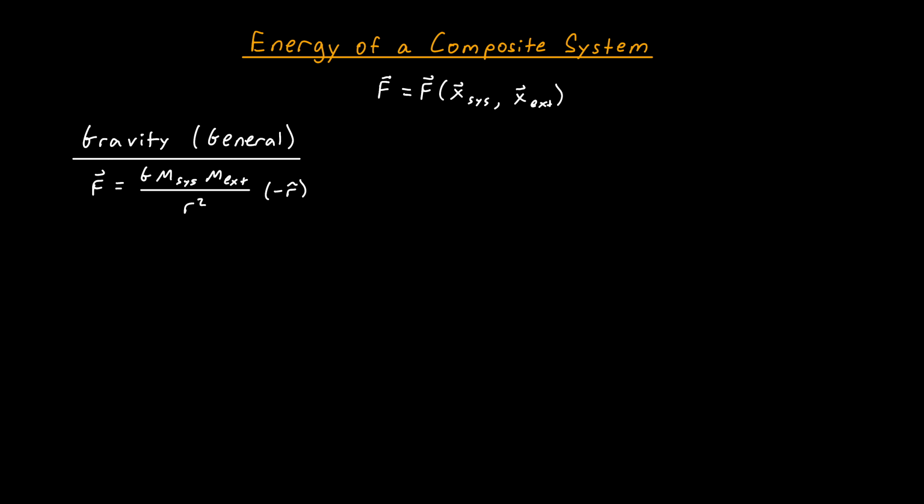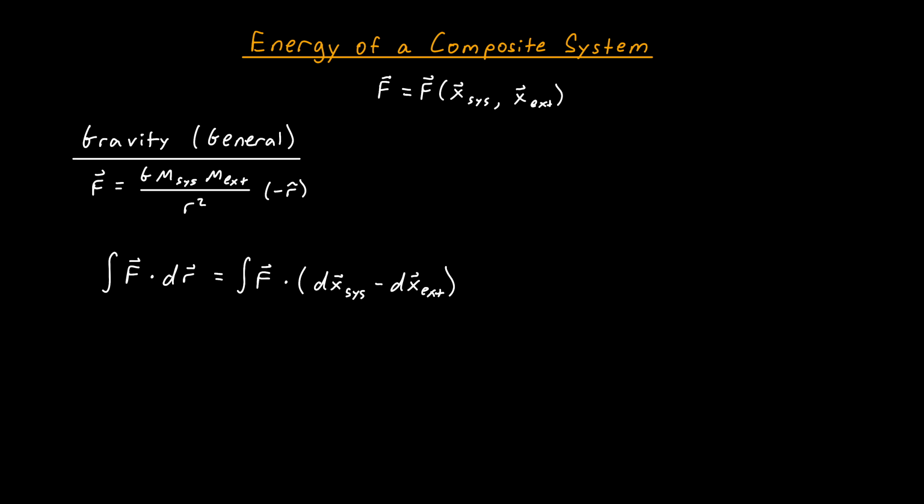We can think about what happens if we try to take the integral of f dotted into not dx, where x is the position of your system, but actually dr, where r is the relative position of your system to the external object. In other words, what happens when we take the integral of f dotted into dx system minus dx external?